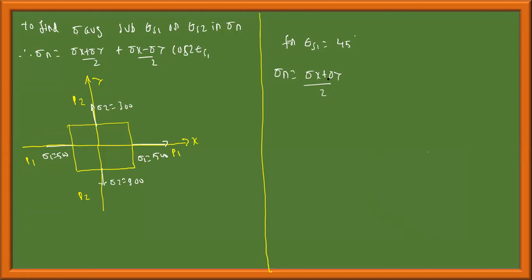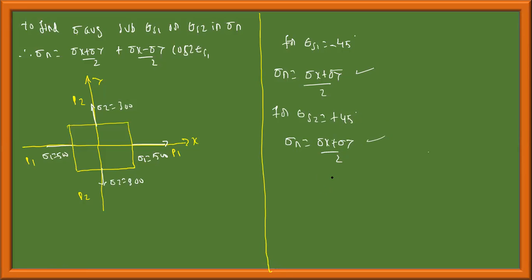For theta s1 equal to 45 degree, sigma n is equal to sigma x plus sigma y by 2, or for theta s2 equal to minus 45 degree, sigma n is also equal to sigma x plus sigma y by 2. This sigma n will not change, its magnitude and sign remain the same whether you substitute plus 45 or minus 45.